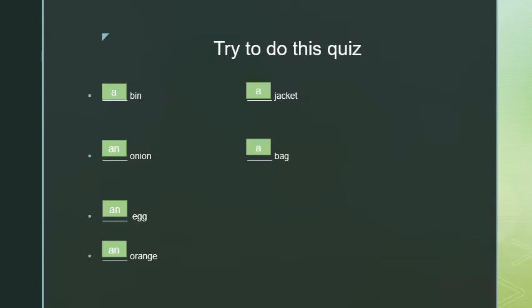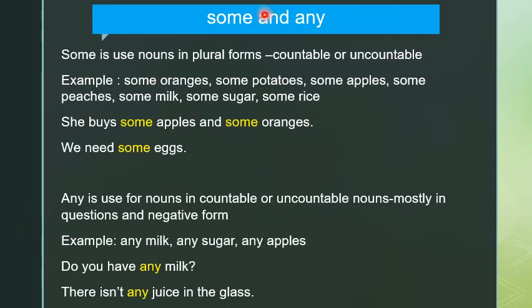Okay, do you have any question for this? You can ask me later. Now let's go to the next one. Okay, this one is quantifier some and any. Some is used for nouns in plural forms, whether countable or uncountable.